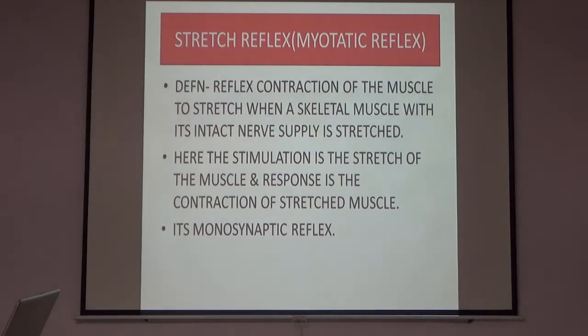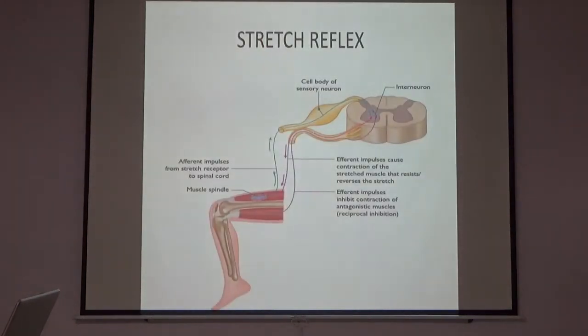Here the stimulus is the stretch of the muscle, and the response is the contraction of that stretched muscle. It's a monosynaptic type of reflex, and we'll see why this is called monosynaptic. This is a diagram which shows the reflex arc for this stretch reflex.